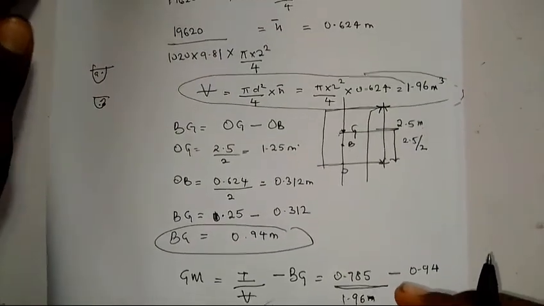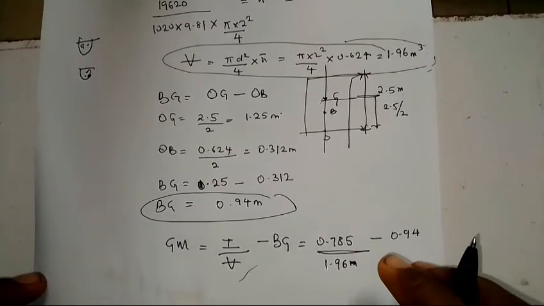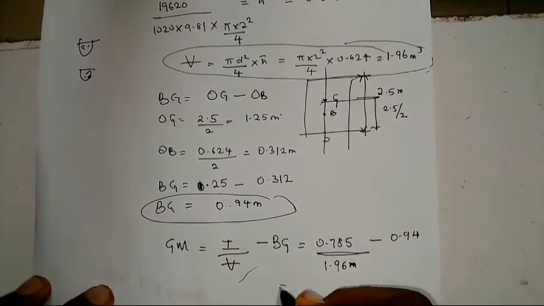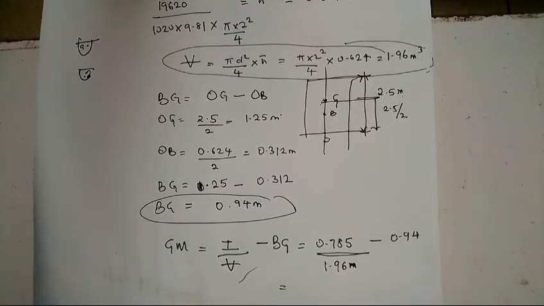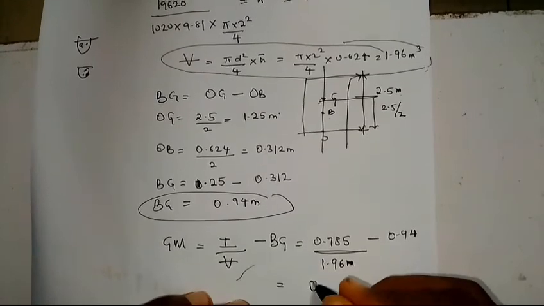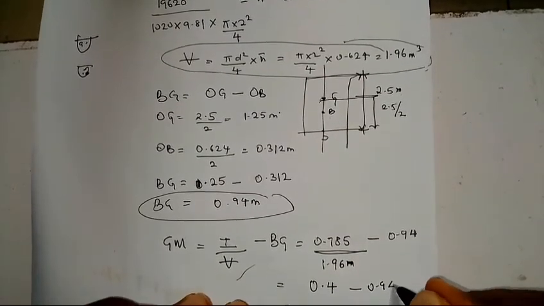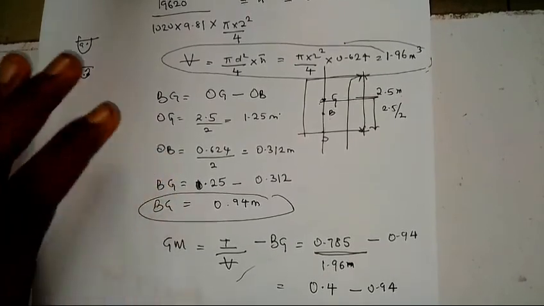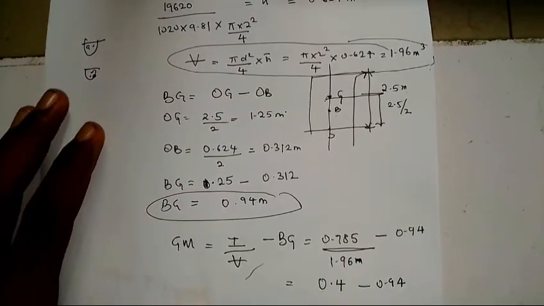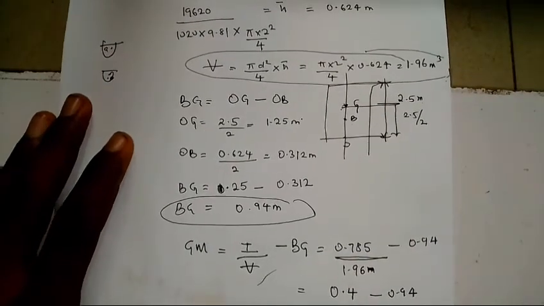Simplifying all this, we have 0.785 divided by 1.96, which is 0.4, then minus 0.94, and we have minus 0.59.